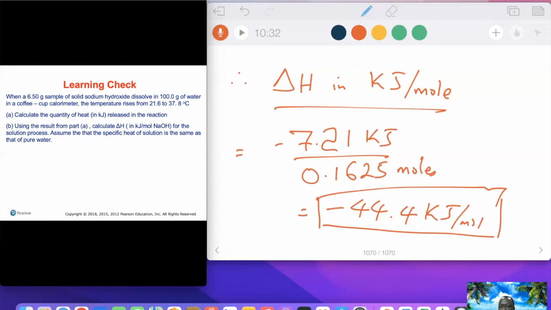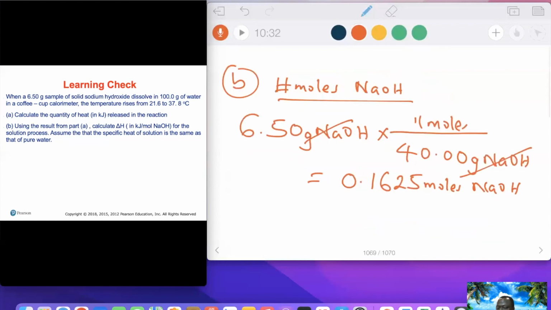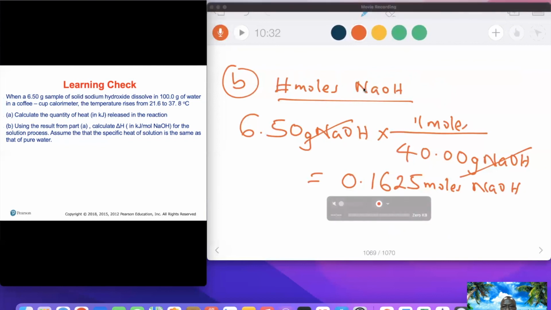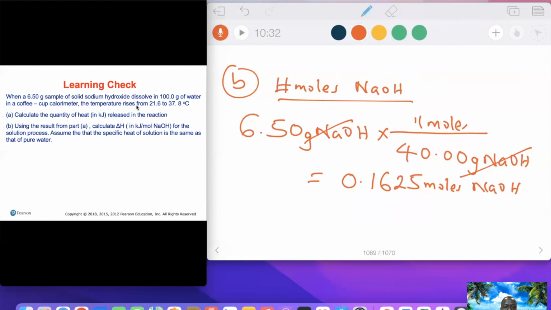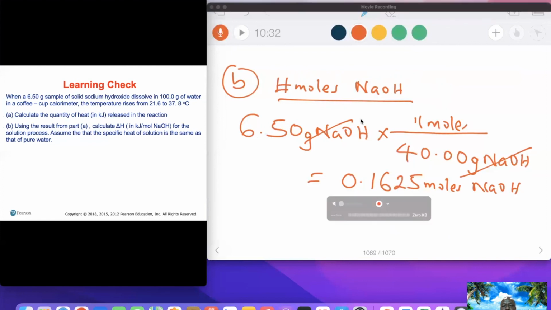Remember to use the periodic table to find the molar mass of your compound. Now, if you recall in the previous chapter, naming of compounds, chapter 2, you should be able to write the correct formula for compounds. For example, here, sodium hydroxide. If I didn't know how to write the correct formula for sodium hydroxide, how would you determine its molar mass? Using the periodic table, look for the atomic mass of sodium plus the atomic mass of oxygen plus the atomic mass of hydrogen.